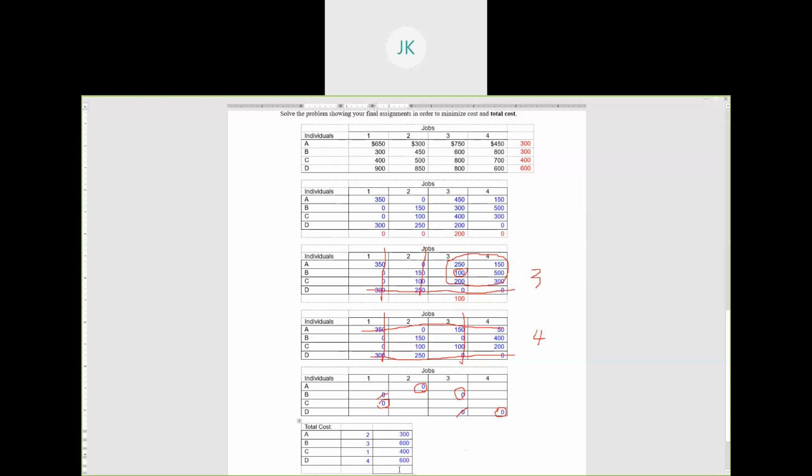So it will be 1900 total. Is that right? Yes, 1900. You may have a different answer, but the total cost will be the same.